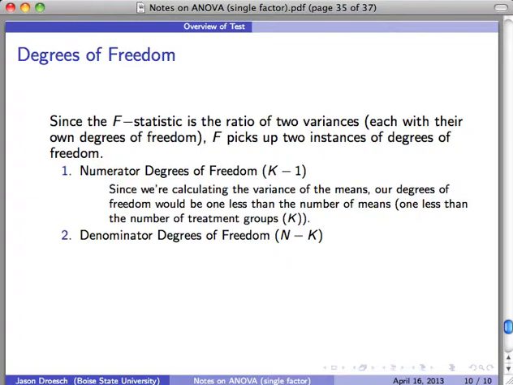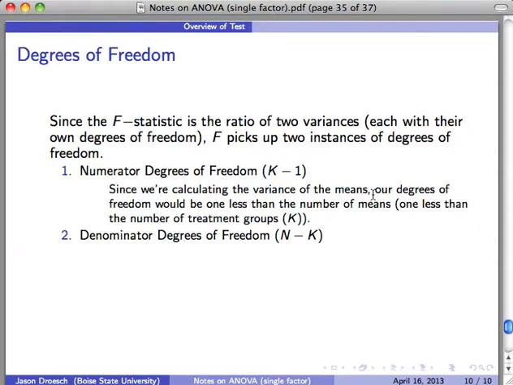So if we have, for example, 5 different treatment groups, we can find the variance of those treatment means by looking at only 4 of those treatment means, and if we knew the grand mean, then we could figure out the 5th one. So the number of groups, k, minus 1 gives us the degrees of freedom for the numerator.